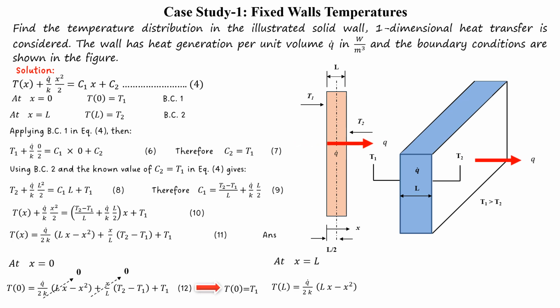And for the second boundary condition, when x equal to L, if we substitute that, then we will get T at x equal to L equal to T2, which is the same value as used in the boundary conditions.